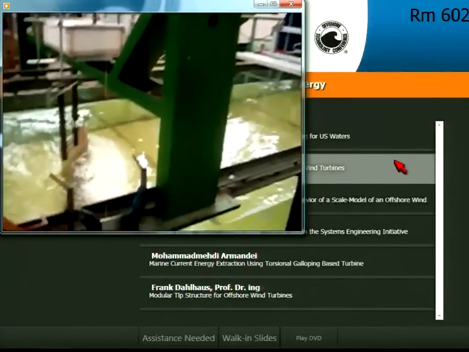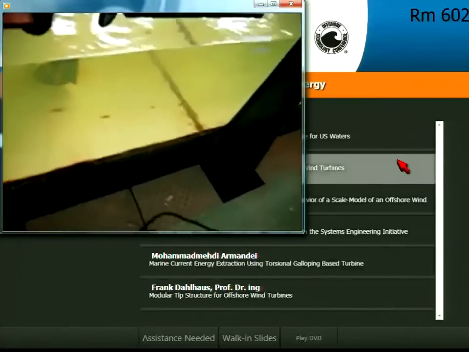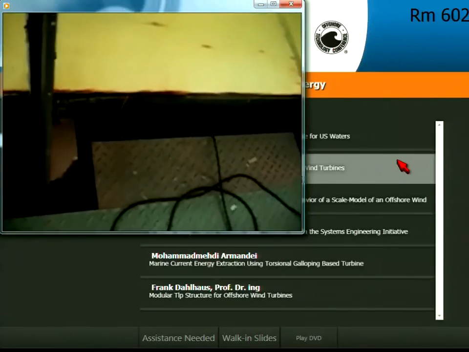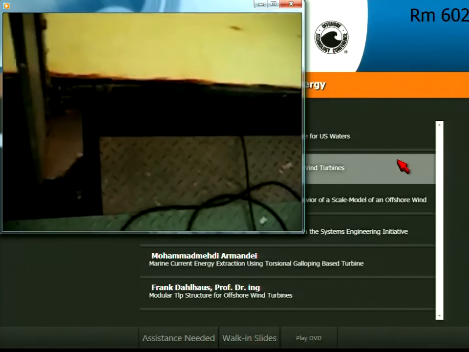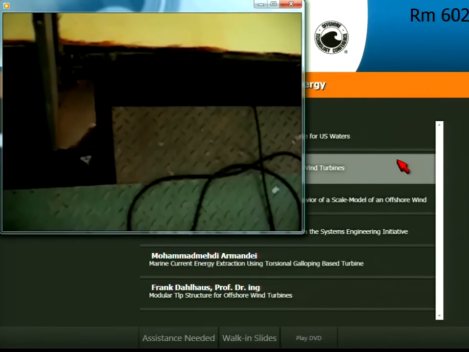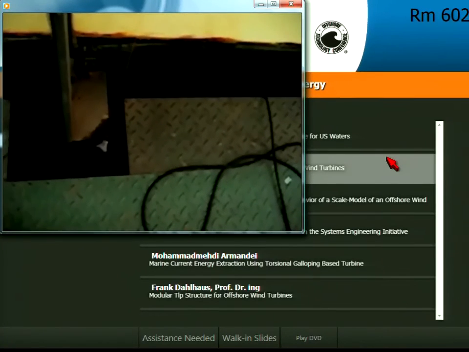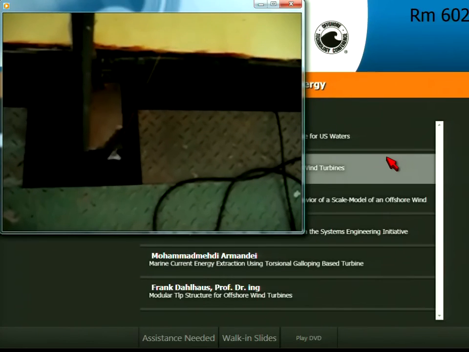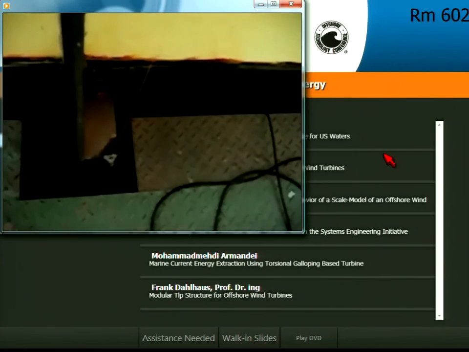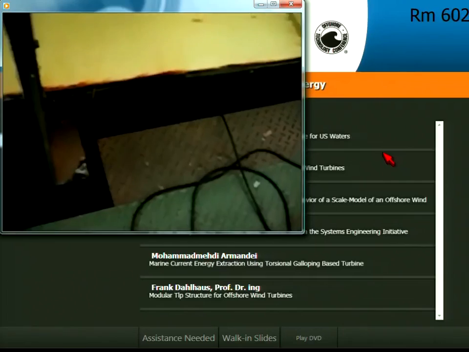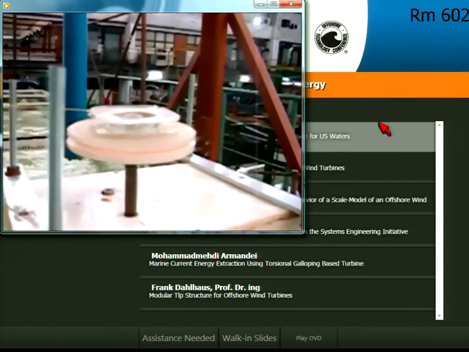Here you see the weight being lifted, and this was how we tried to solve this from the mechanical engineering standpoint, without using any electronic engineering, just to prove the concept.